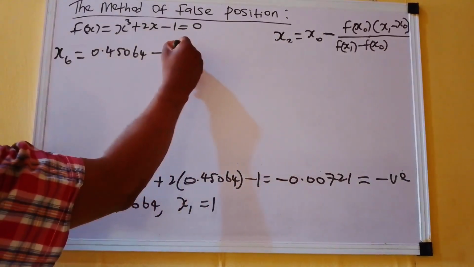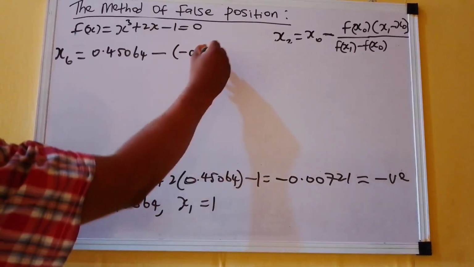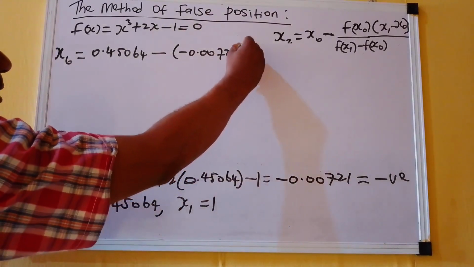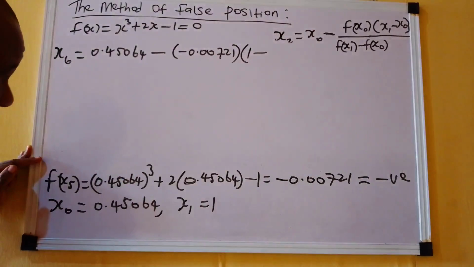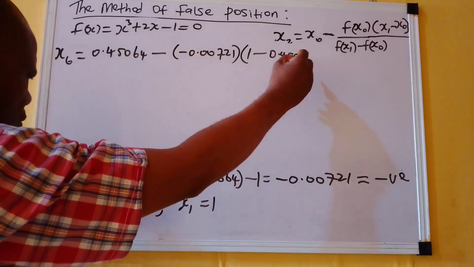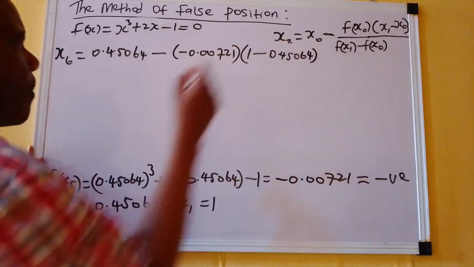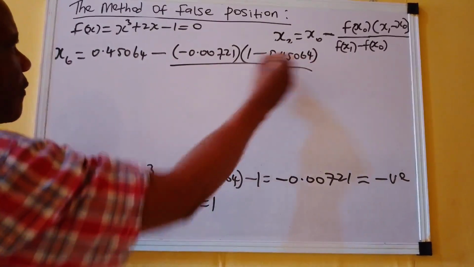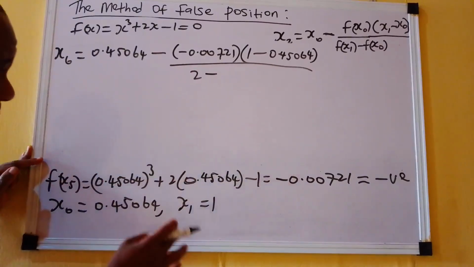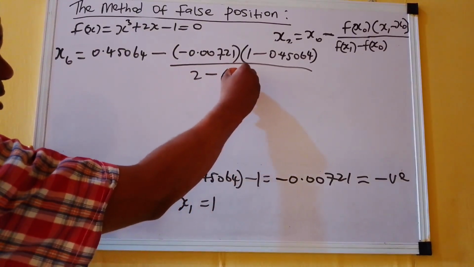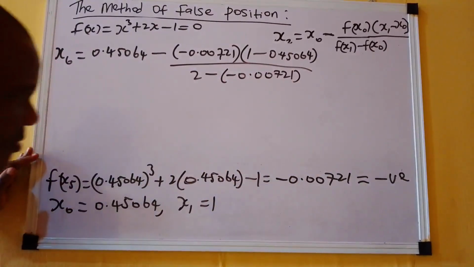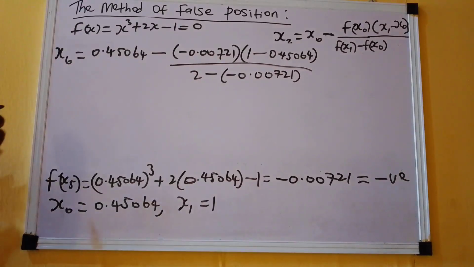Our f of x0 is minus 0.00721. Then what is our x1? Our x1 is 1 minus x0, our x0 is 0.45064. Then all over, our f of x1 remains 2 minus our f of x0 is minus 0.00721. You can see how simple this thing is.